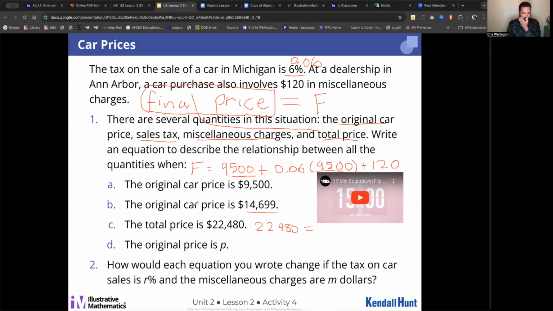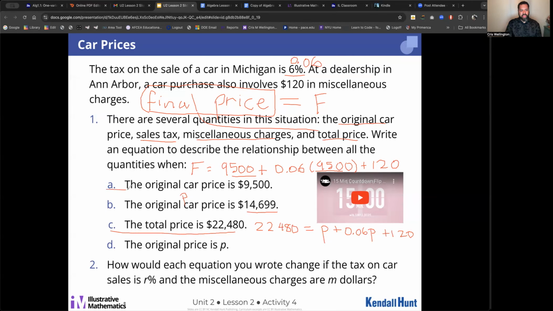So we're going to define a variable for the original price, and we're going to call that P. So 22,480 is going to be P plus 0.06P, that's the taxes that you're paying, and then you're adding the $120. That would be your equation for part C.